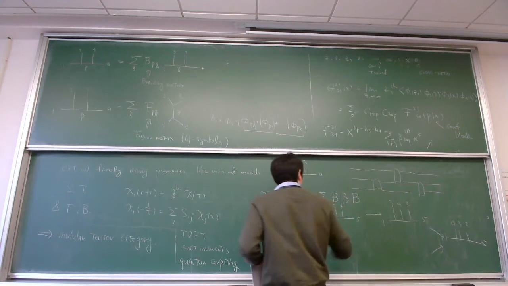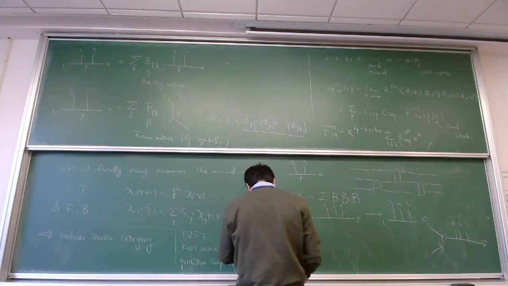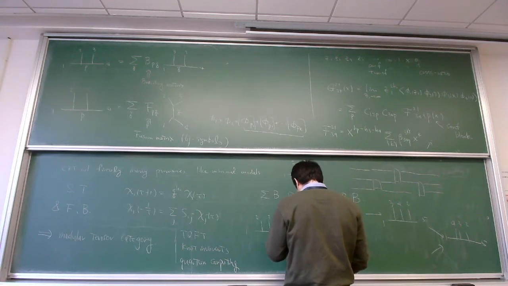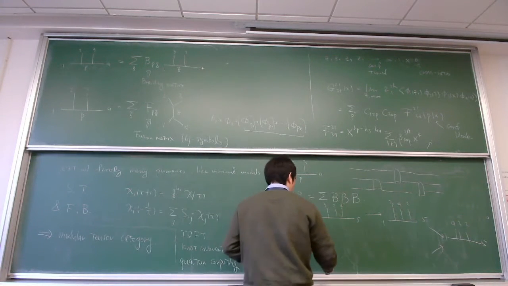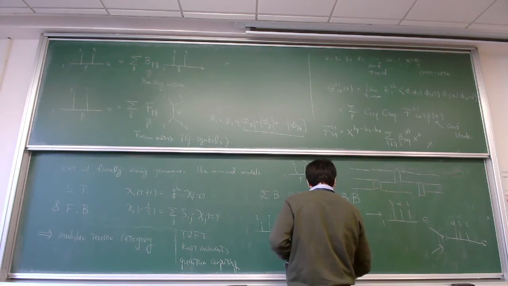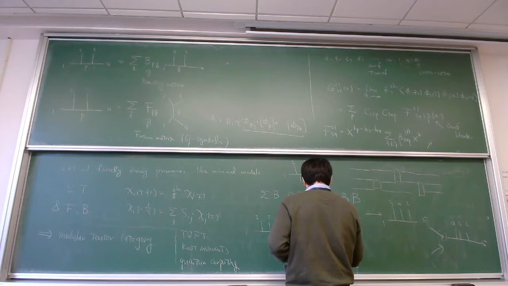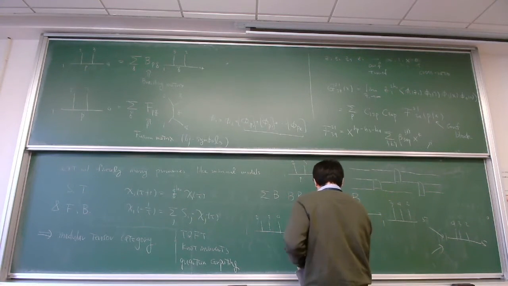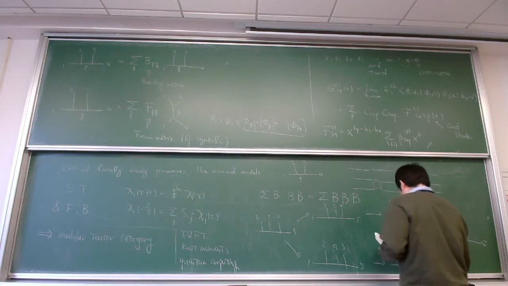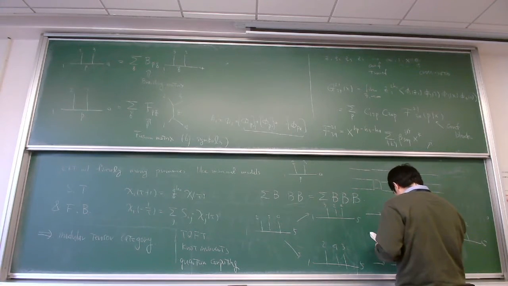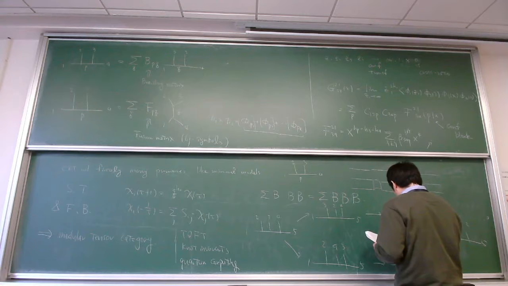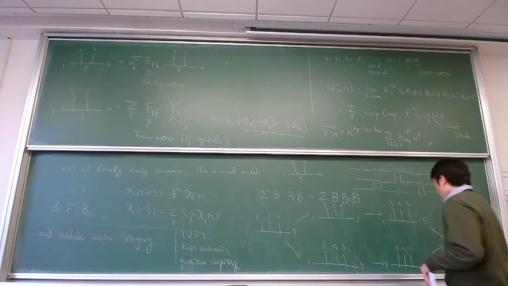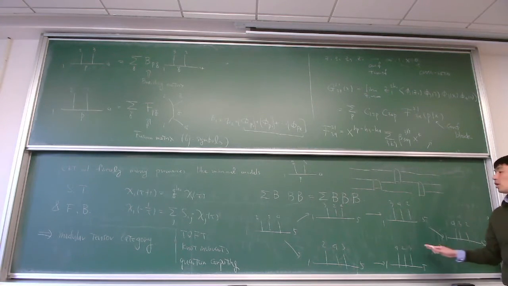And then another way to reach there is to take another path. Here you exchange 2 and 3 first, but the other way is you do 2, 4, 3, 1, 5, and then 4, 2, 3, 1, 5. And you just exchange 2 and 3, and you get this one.